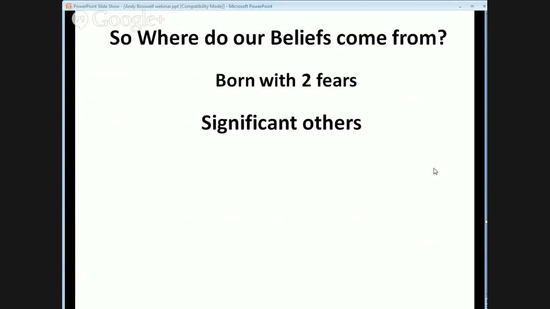Then, after your parents, you start to go to school, and significant others become your teachers, people that you trust and respect. And then also you start to form relationships with other kids, friends, you get your best friends, and you get their parents' input, and their parents' information, and their parents' values and beliefs. And they start to tell you what they think and their opinions, and then you start to form more opinions. And this becomes more beliefs as you get more and more thoughts.